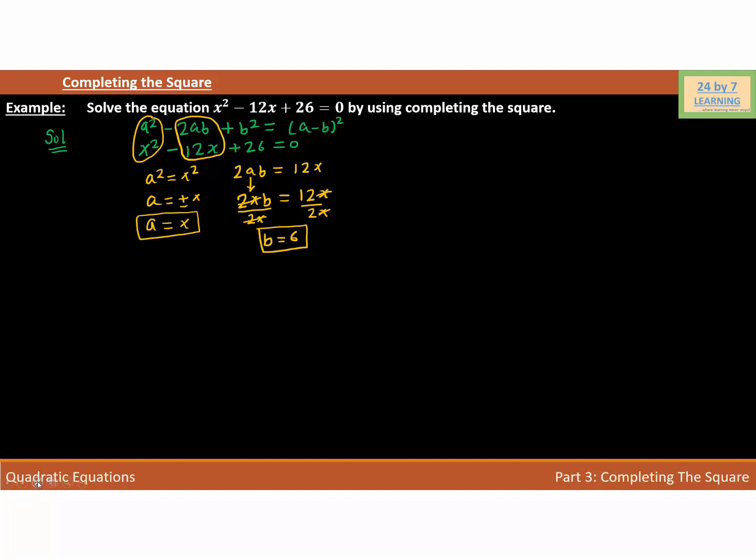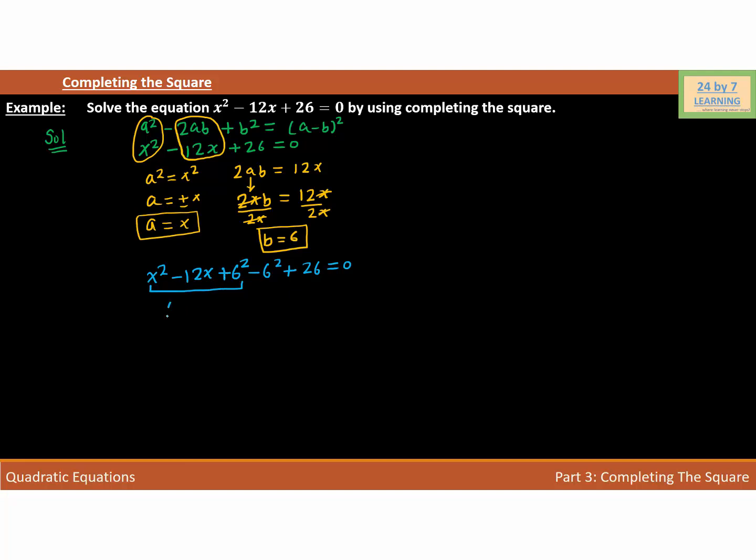So I'm going to add 6 squared: x squared minus 12x plus 6 squared minus 6 squared plus 26 is equal to 0. The reason we are adding and subtracting 6 squared is that we don't want to change the overall value of the quadratic equation. So if you look closely, this is my a squared minus 2ab plus b squared.